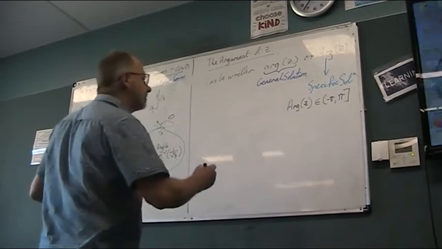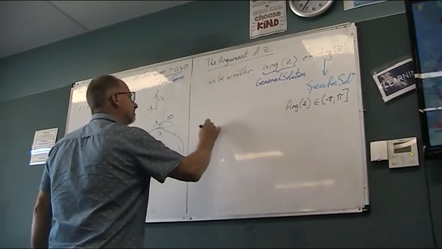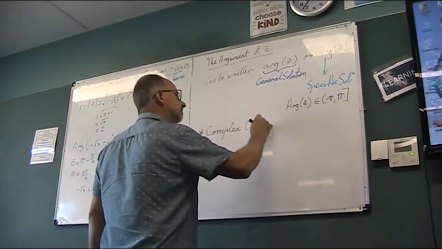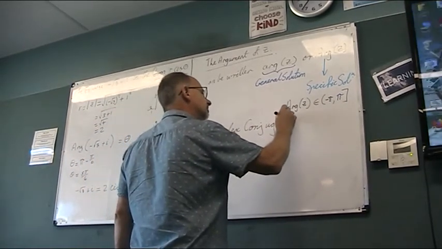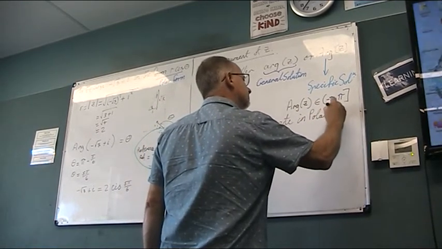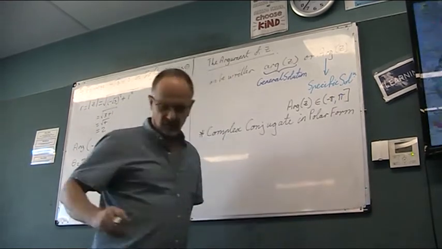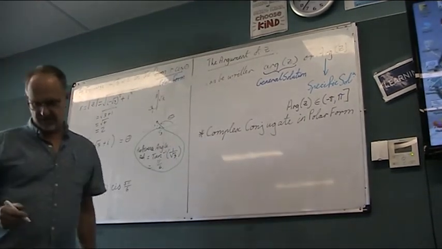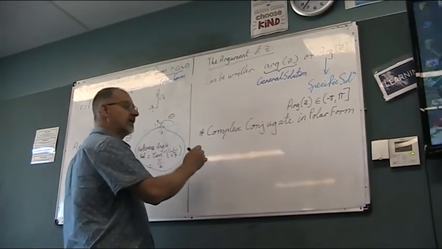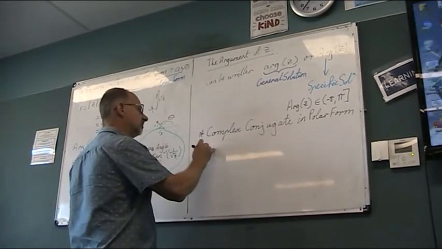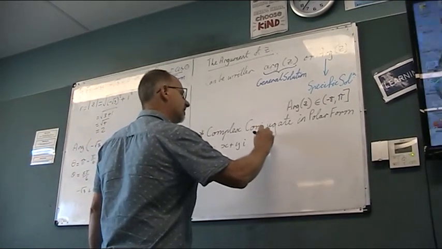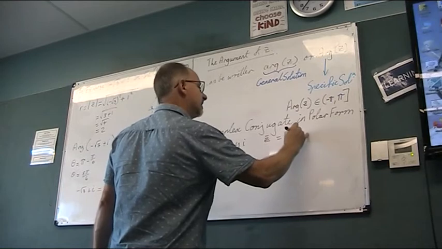Complex conjugate in polar form. All right. So in rectangular form, we had z is x plus yi, and our conjugate is x minus yi.